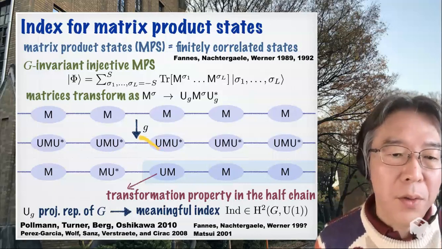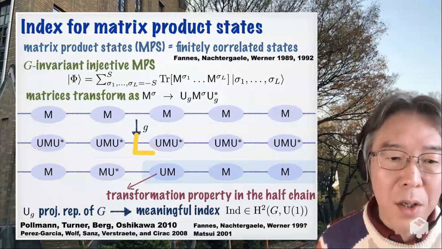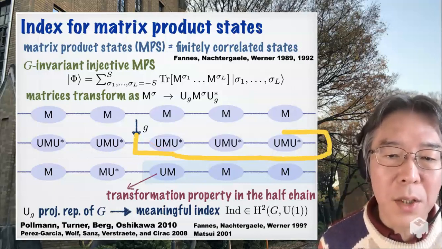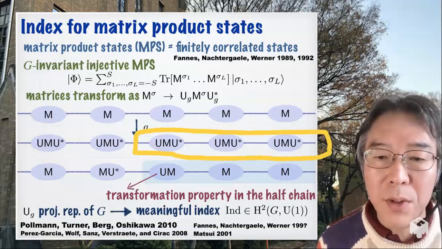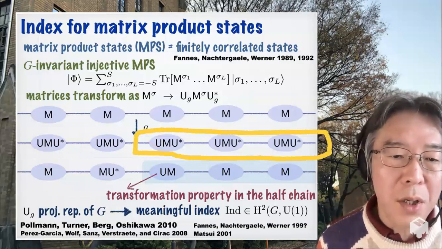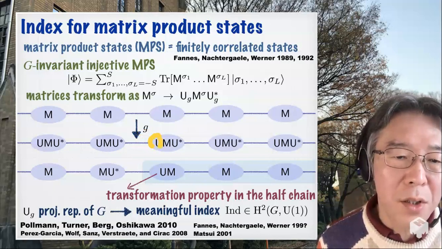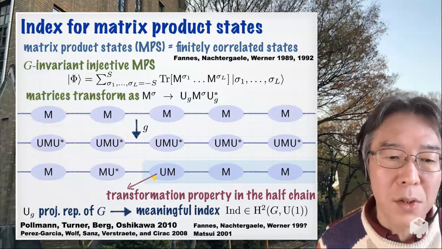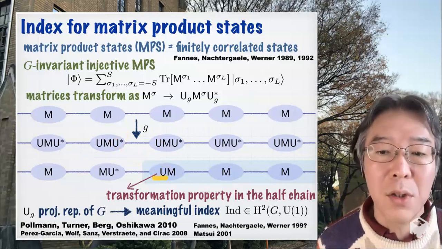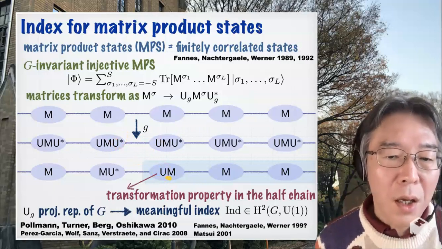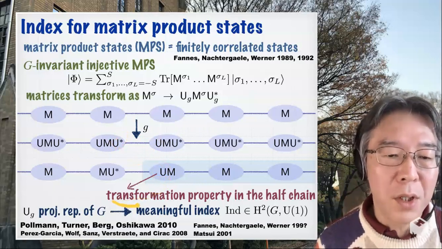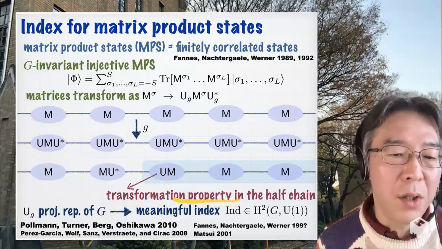But if we make a fictitious cut here and try looking at the transformation property of this half infinite portion of the state, now this guy is left alone, so this guy too is left alone. So you start seeing the transformation property described by this unitary matrix U, right? And so this corresponds to the transformation property that we wanted to look at.